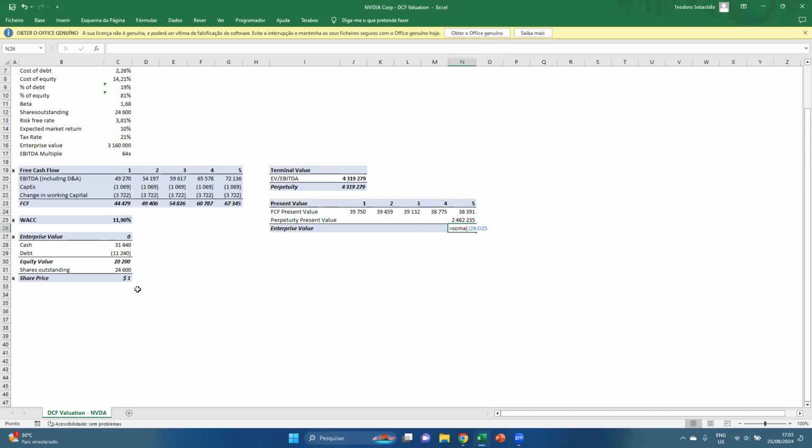But that is how you guys should do it. And we are going to have the enterprise value. Based on the enterprise value, we can add cash back and reduce or cut the debt, and we are going to have the equity value basically. And then we pick up here the shares outstanding and divide the equity value by the shares outstanding, and we are going to have the share price.